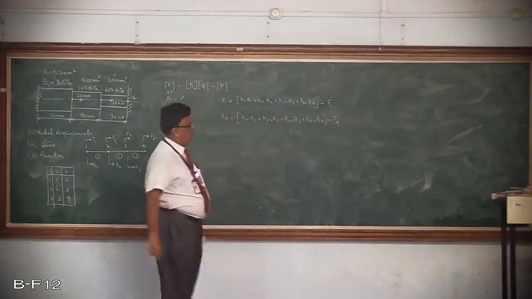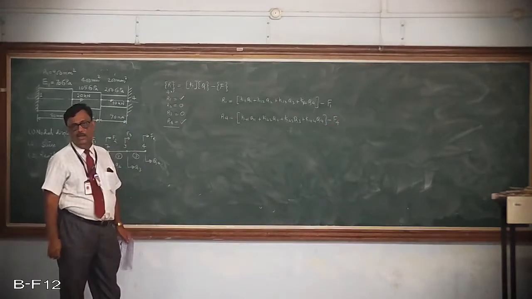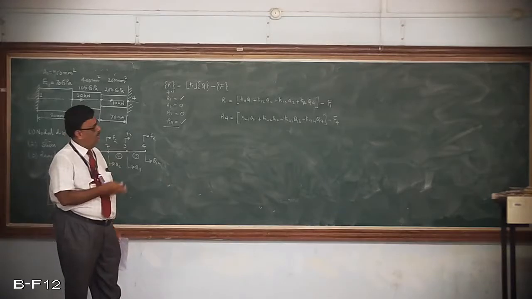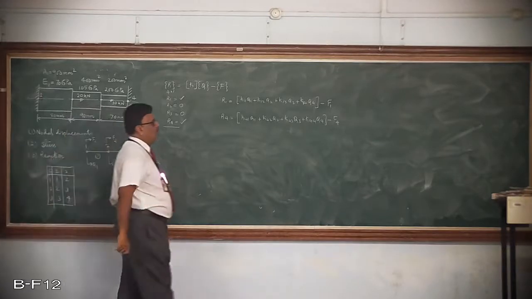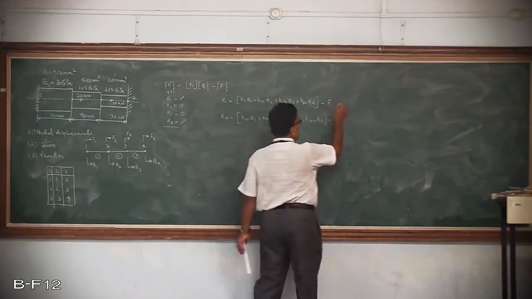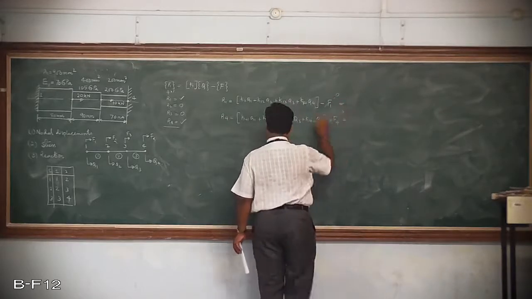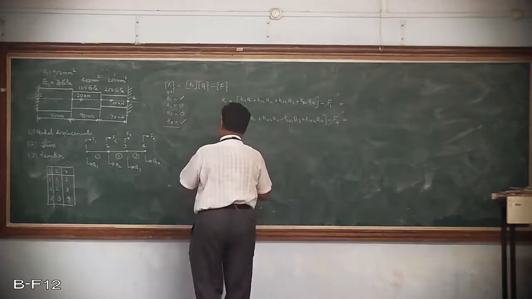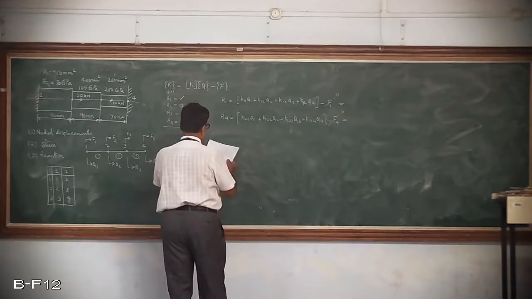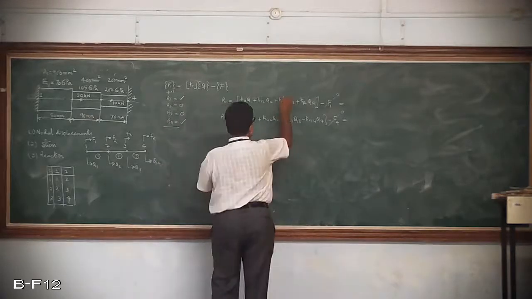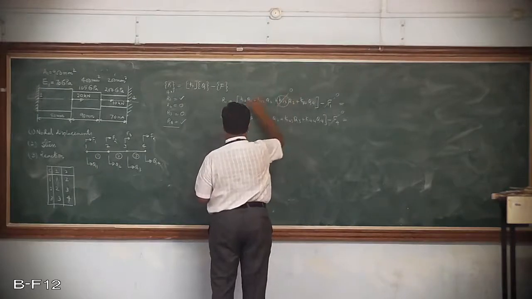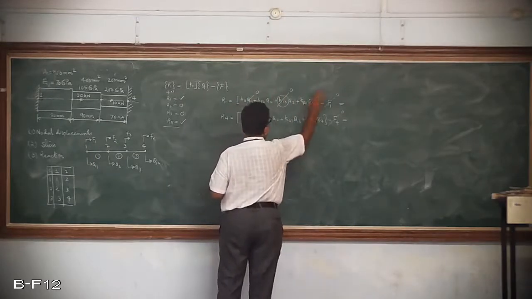Of course, since we know that there are no forces applied at node 1 and node 4, obviously F1 and F4 are going to be 0. If you look at the global stiffness matrix, definitely you can make out K13 is 0, Q1 is 0, Q4 is 0.